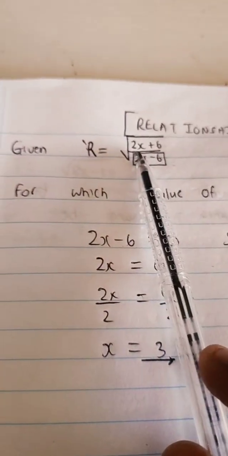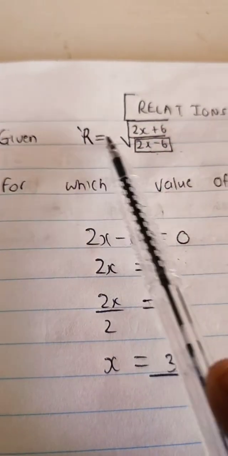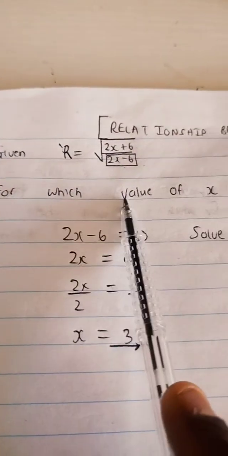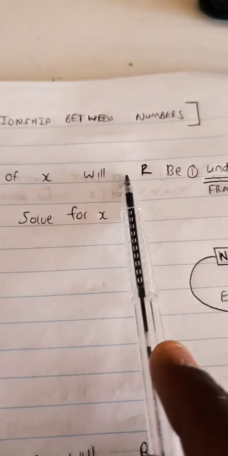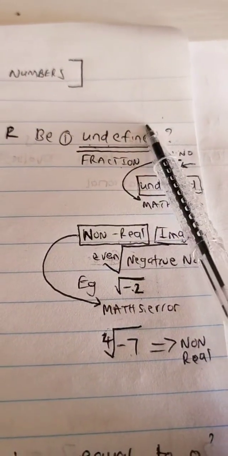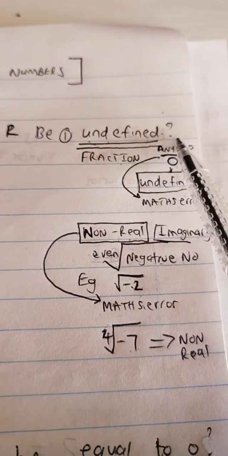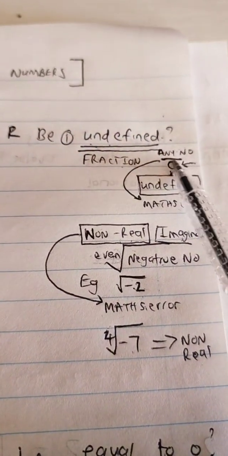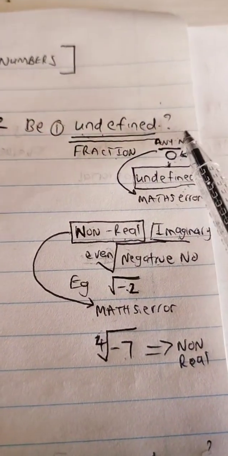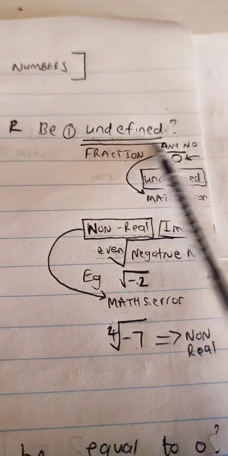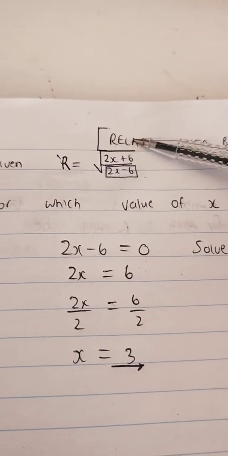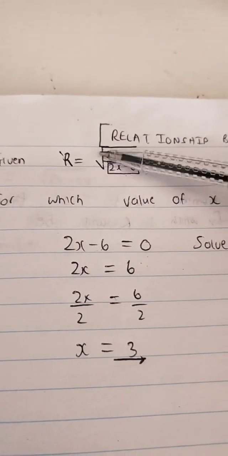So going back to this question, given r is equal to the square root of (2x plus 6) over (2x minus 6), when they ask for which value of x will r be undefined, immediately in your head you know that whenever there's a 0 in the denominator of a fraction, that's what undefined means, or any number divided by 0. So if you go back to your r, you are looking at the expression 2x plus 6 over 2x minus 6 underneath the square root.